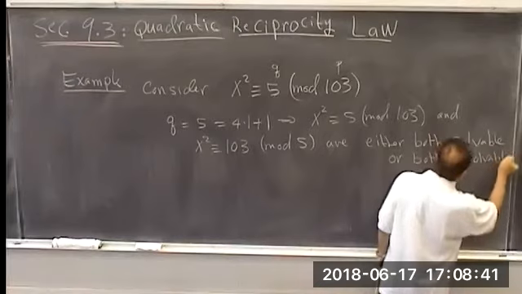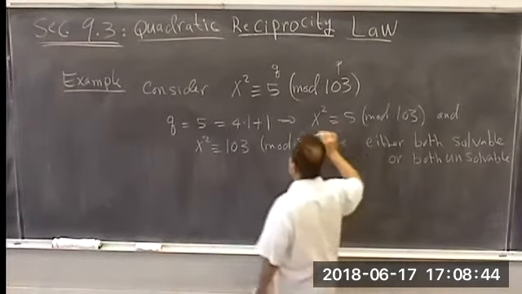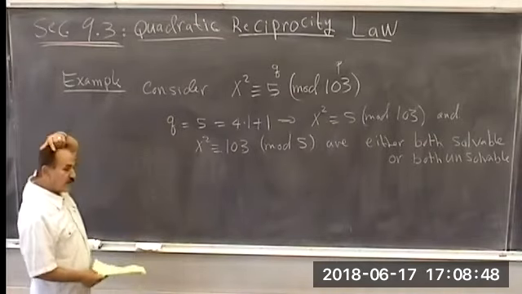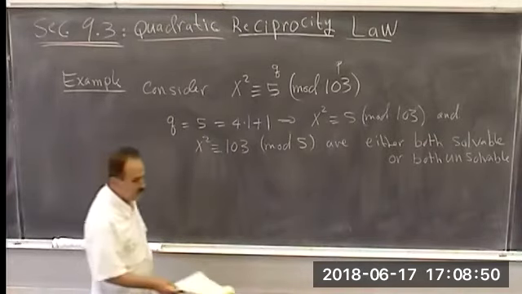Because this is not of this form. In other words, the 5 here is not of the form 4k plus 3. So it goes under the first criterion.